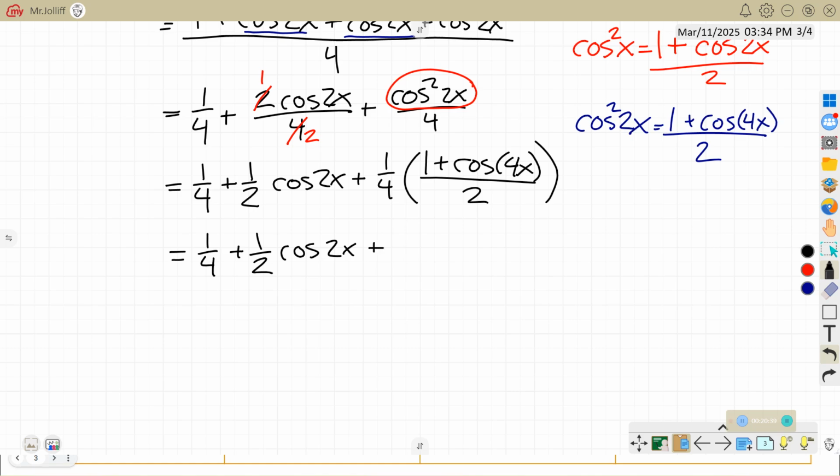Here, I get two separate fractions. I have a 1 over 2 times a 1 over 4. 4 times 2 is 8. So 1 over 8 plus, and then I have a cosine of 4x over 2 times 4, which is cosine of 4x over 8.